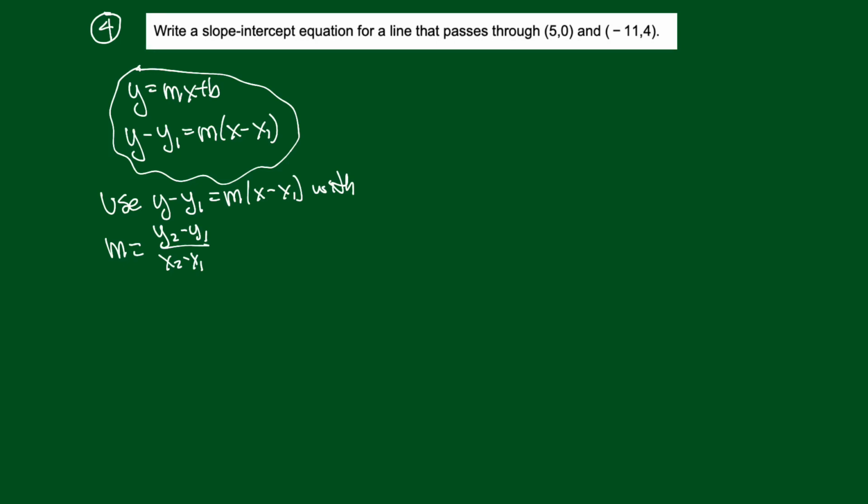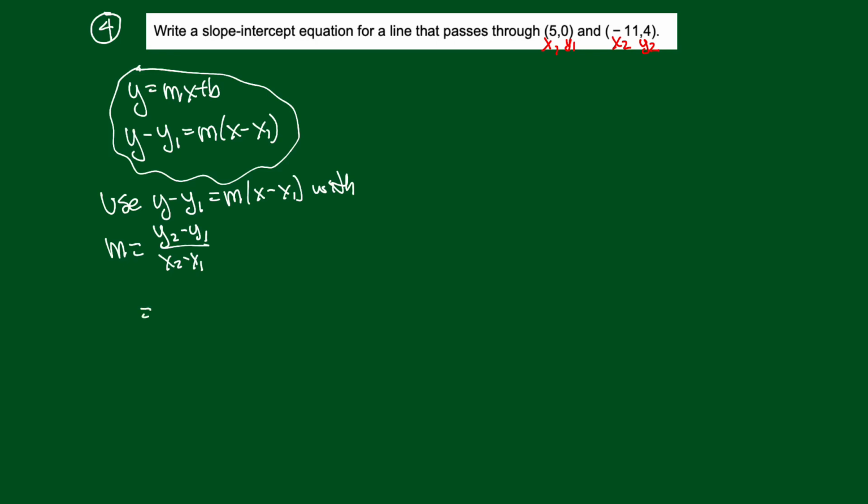As I look left to right up at the top, this is the first x I see, that's the first y. This is the second x, that's the second y. So let's substitute into our slope formula down here to get the slope.